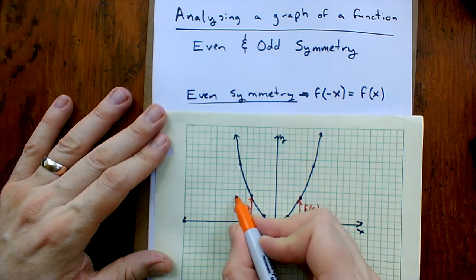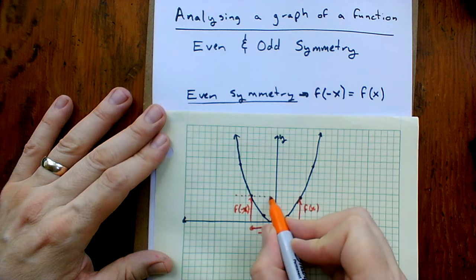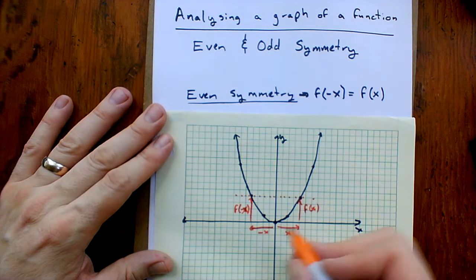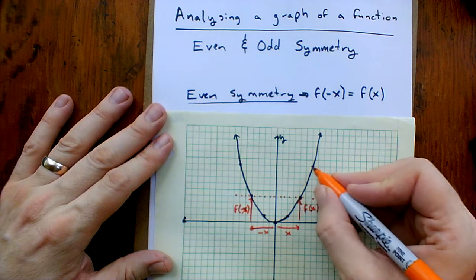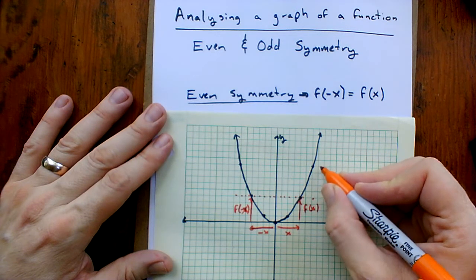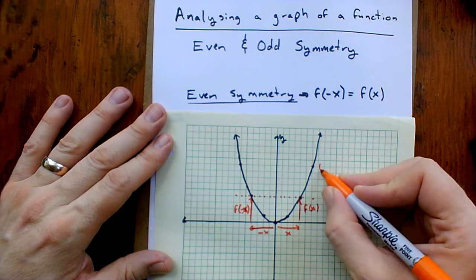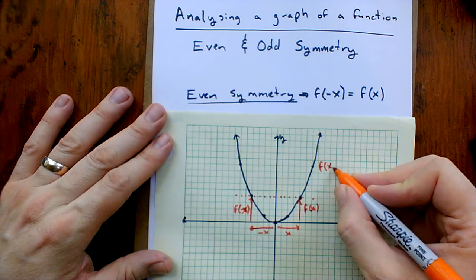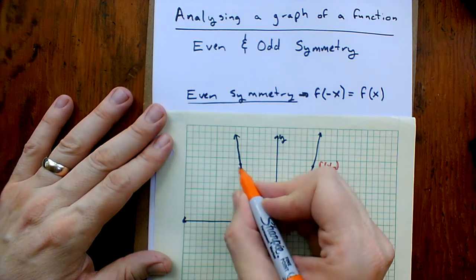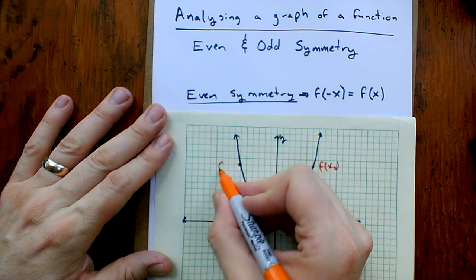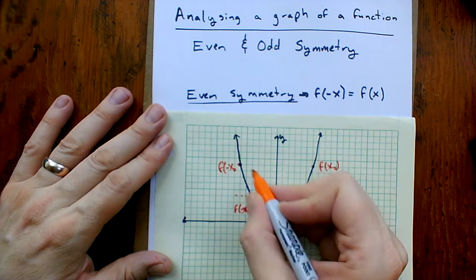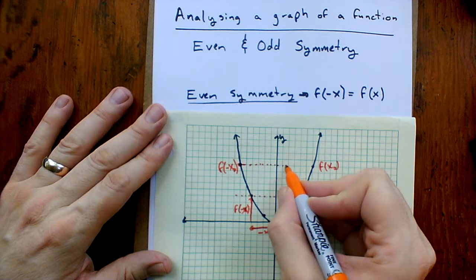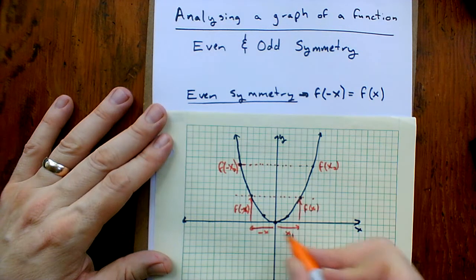So we'd notice that I could literally fold this right along the y-axis, and I would end up with the same thing. So any value I pick, let's take this as f of x2, and right over here on the other side, f of negative x2, I would have the same for whatever x values I chose.